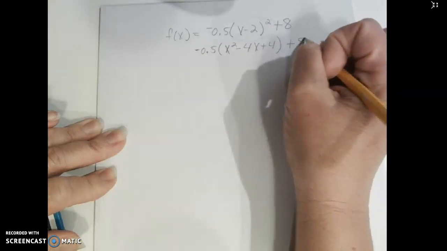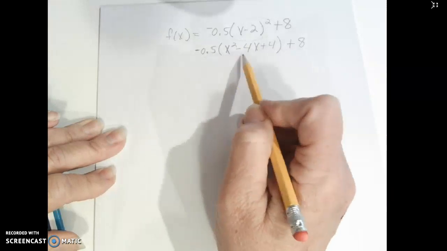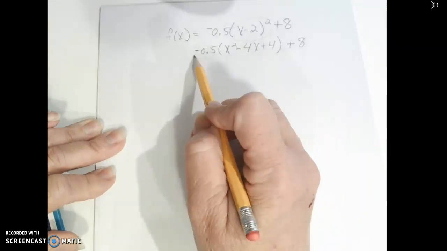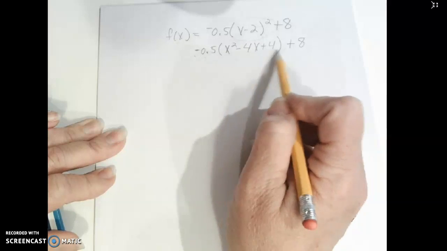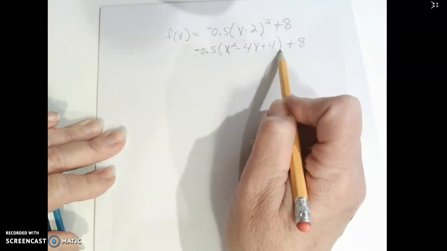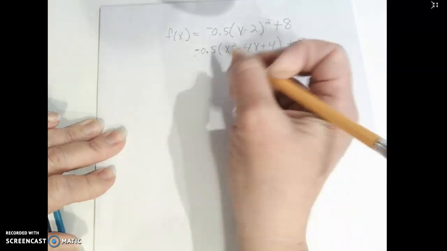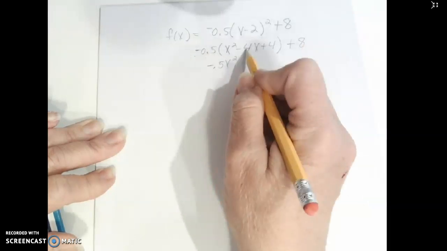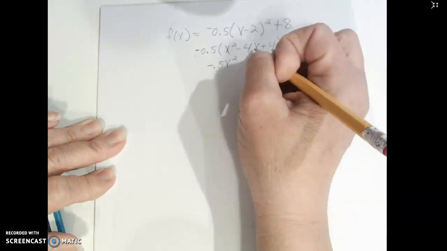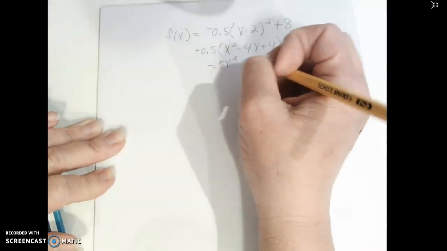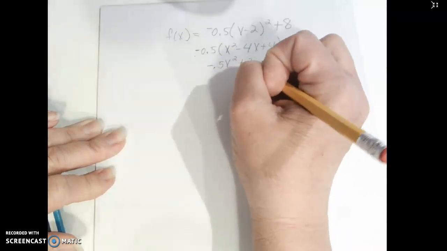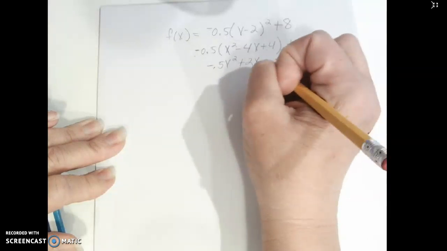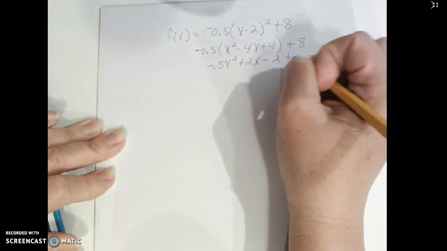And then we're going to add 8. From here, I'm multiplying everything by negative 1/2. I need to watch my signs, and I need to go all the way through the parentheses. I would have negative 0.5x squared. Negative half of negative 4 is 2, and I have 2 negatives, so it's going to be plus 2x, and then this has to be minus 2, and I still have the plus 8.